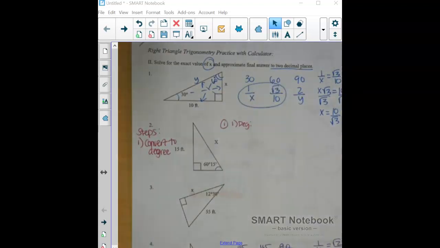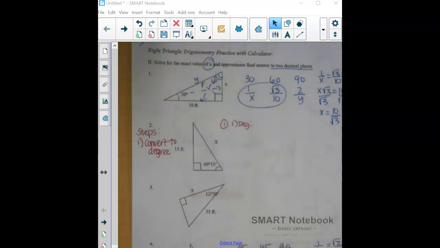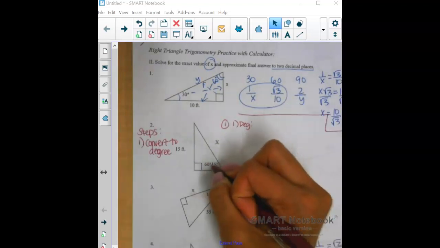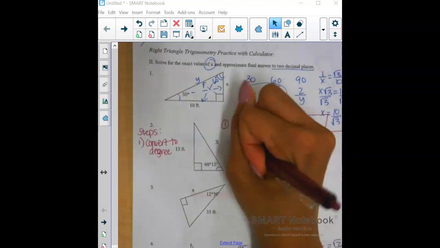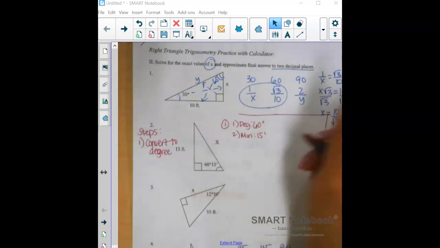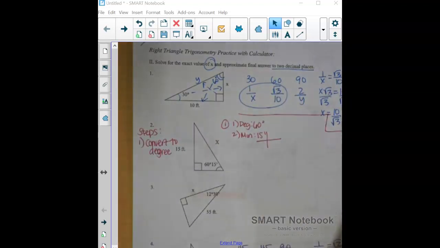I'm literally doing the same steps that we just did in blue on this page. So the degree for this, we have 60 degrees, 15 minutes. That's 60 degrees. 2 is the minutes. So we have 15 minutes that I need to change into degree. Which conversion should I use to change that? Okay, so what's the conversion?